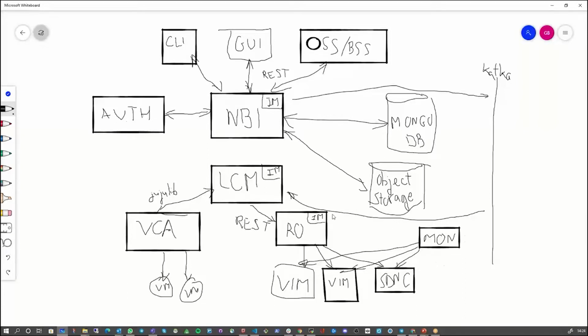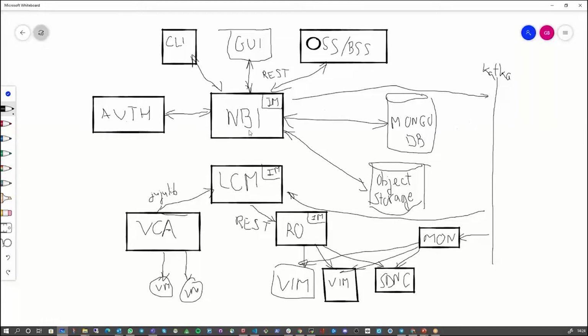Whenever there is an instantiation, MON will get from Kafka the message that there is a new instance that is expected to be created, and MON will take care of the newly created VMs, and things created to monitor their CPU, memory, etc. So MON gets aware of all this through Kafka, also.